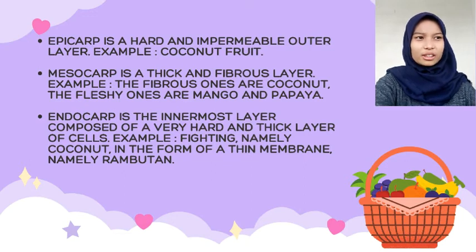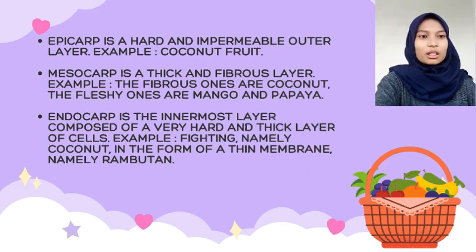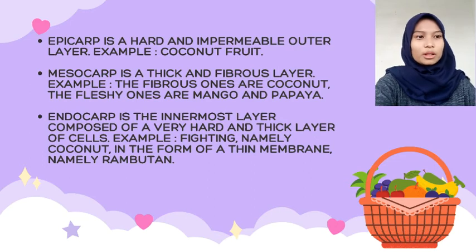Fruit skin that is still young has not experienced this separation. After ripening, the skin of the fruit can be divided into 3 layers, namely, epicarp is a hard and impermeable outer layer. Example, coconut fruit.